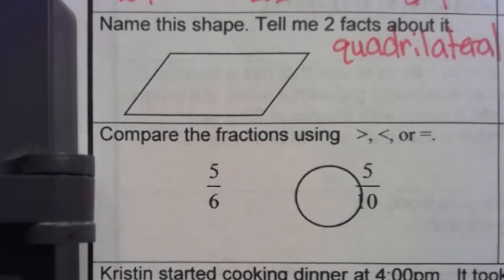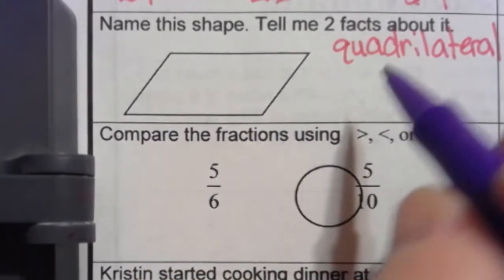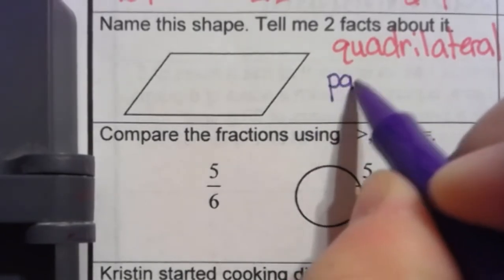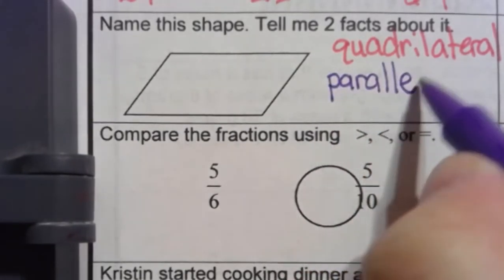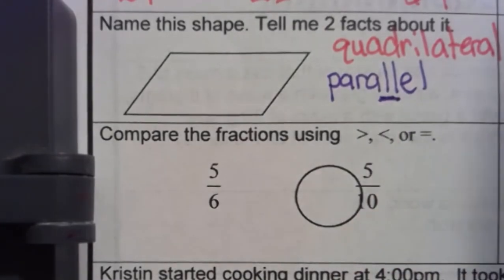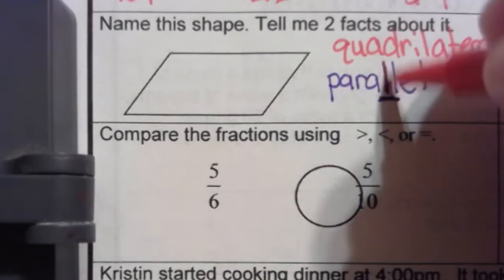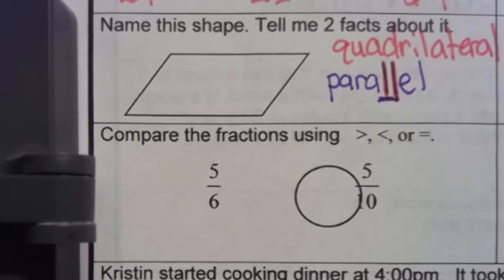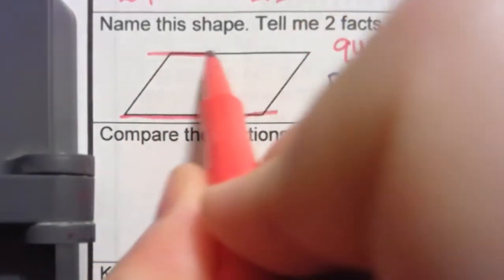What do we know about parallel lines? Well, parallel lines, if I write that word out, it gives me a huge hint. And so let's look at the L's. The L's in the word parallel are actually parallel themselves. So let's look at those L's. What do you see? They're side by side. And they never meet. Parallel lines never meet.